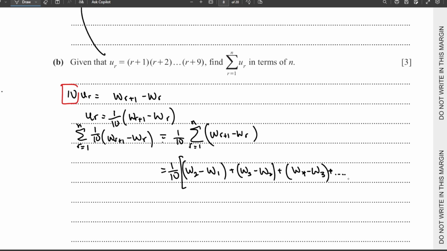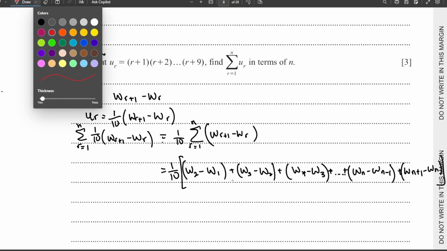So one term before n, we will have W_n minus W_(n-1). And finally, when it reaches n, it will become W_(n+1) minus W_n. This is the partial expansion. We can see here there is a pattern where terms cancel out.